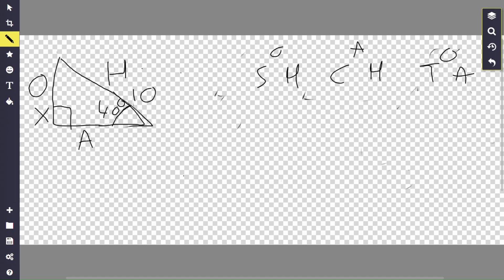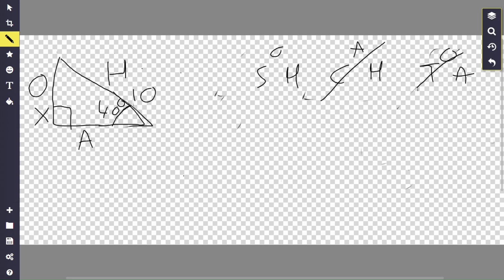O is labelled X. So we have the angle, that's S, C or T in these formulae, and then we have H, so it can't be TOA, and we're looking for O, so we don't need A, so we don't use CAH, we don't need the adjacent.